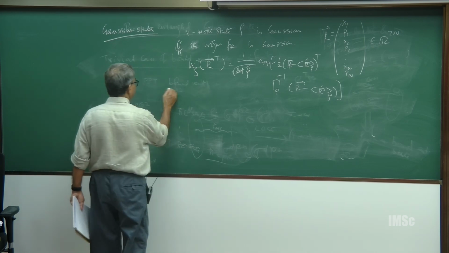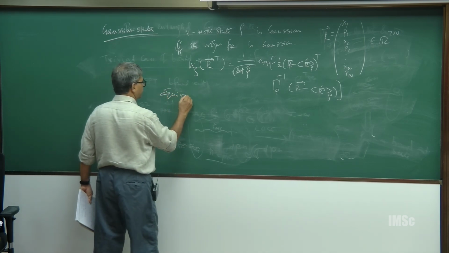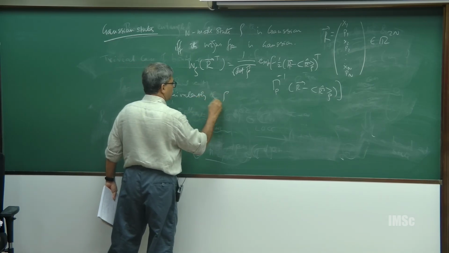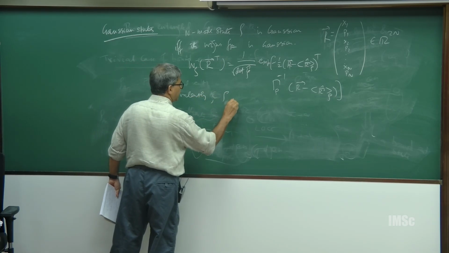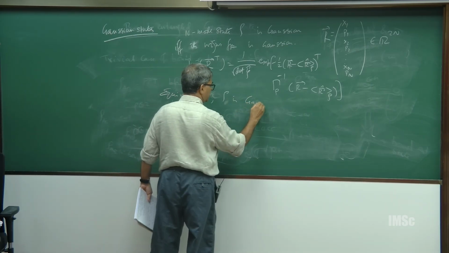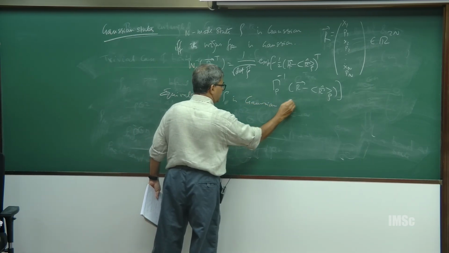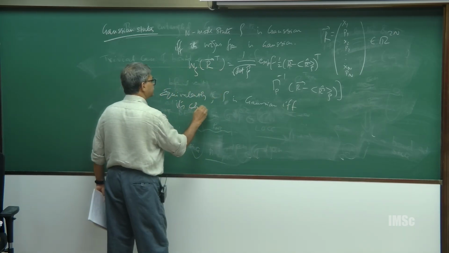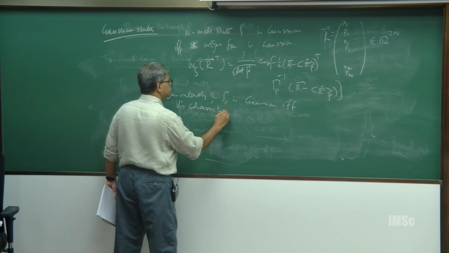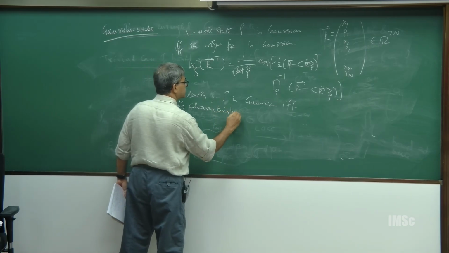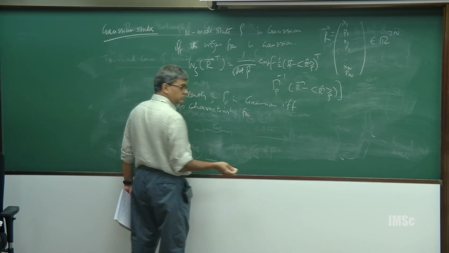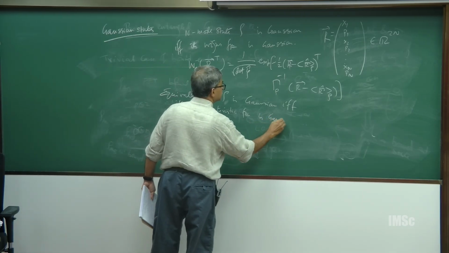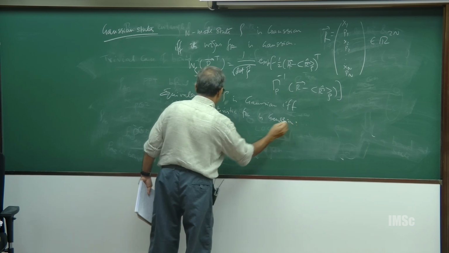Equivalently, rho is Gaussian if and only if its characteristic function is Gaussian. What is that?